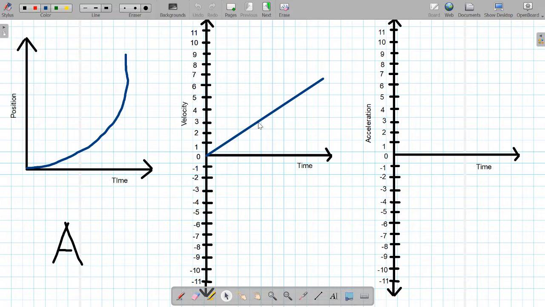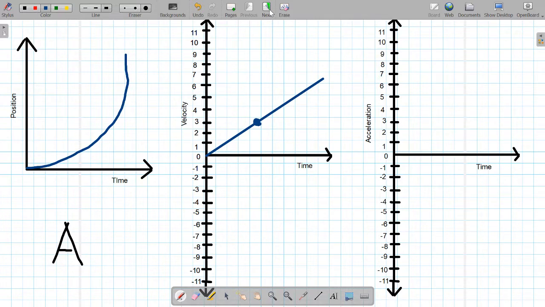So I would highlight 3 meters per second right there. Okay. So my instantaneous velocity is 3 meters per second.